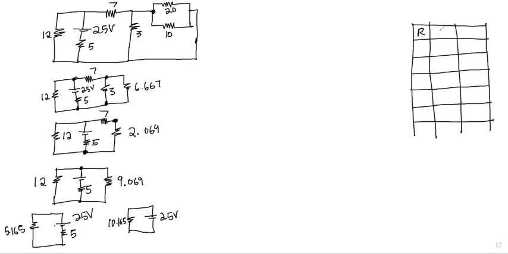The R stands for resistance value, I current value, V voltage value, and they also stand for SI units. So I won't write the SI units in the boxes. Let me just start with 12 ohm, 5 ohm, 7 ohm, 3 ohm, 10 ohm, 20 ohm. So I have to fill in the table.